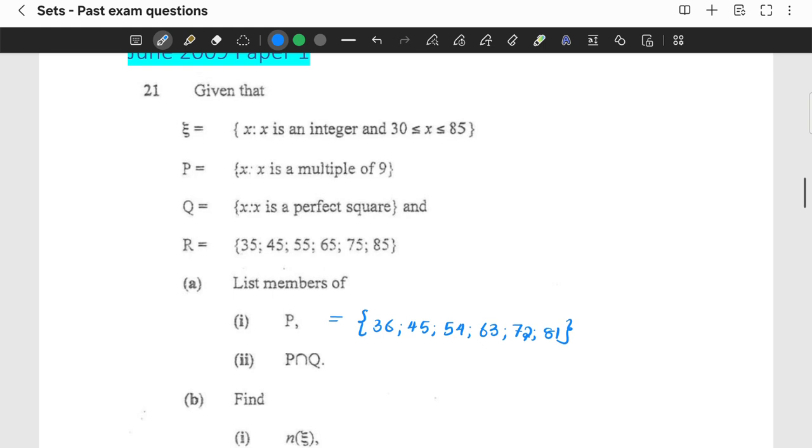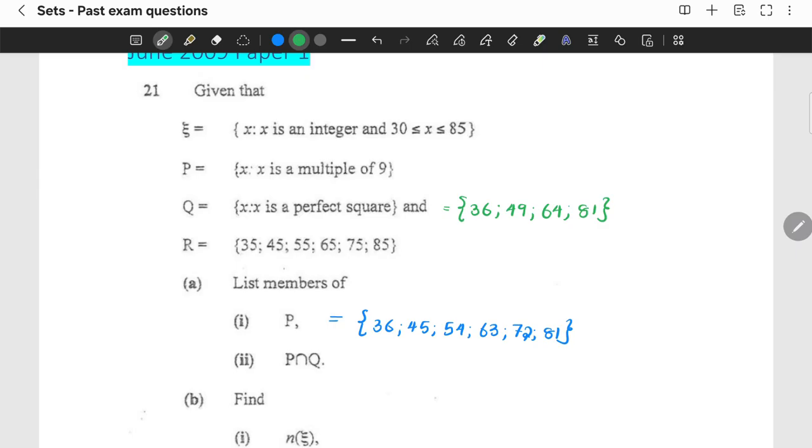So Q is a perfect square, so we need to understand which values are in Q, right? Perfect squares between 30 and 85. So we have 6 times 6, 36, 7 times 7, 49, 8 times 8, 64, 9 times 9 is 81.